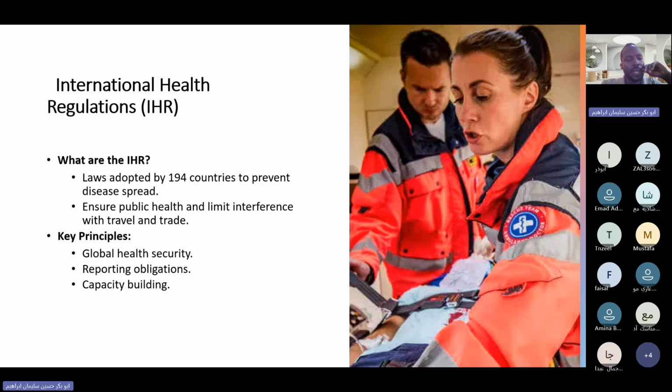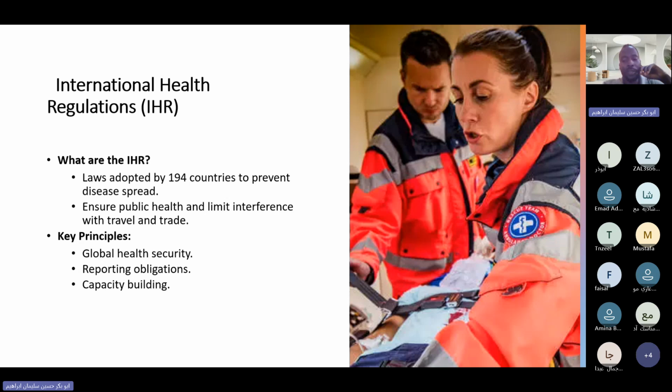They ensure health with limited interference with travel and trade. With the regulation you can see the law on the movement of people and traveling between people.